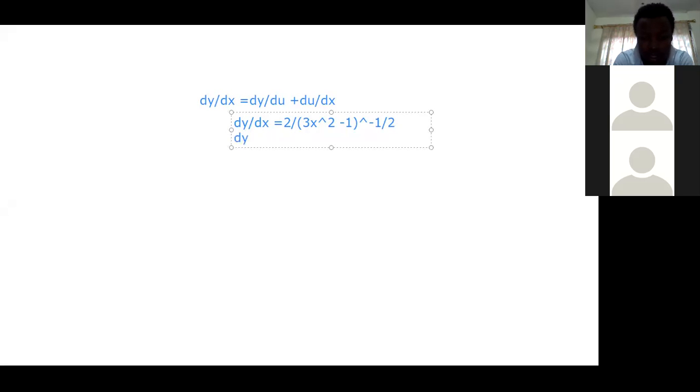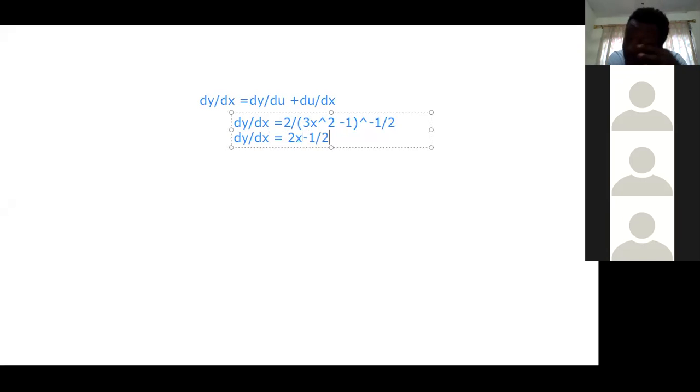So dy all over dx is equal to this, multiplied by this. We are going to get 2 by minus 1 all over 2, but you keep the bracket 3x squared to the power 2 minus 1. Then you subtract 1 from the half.